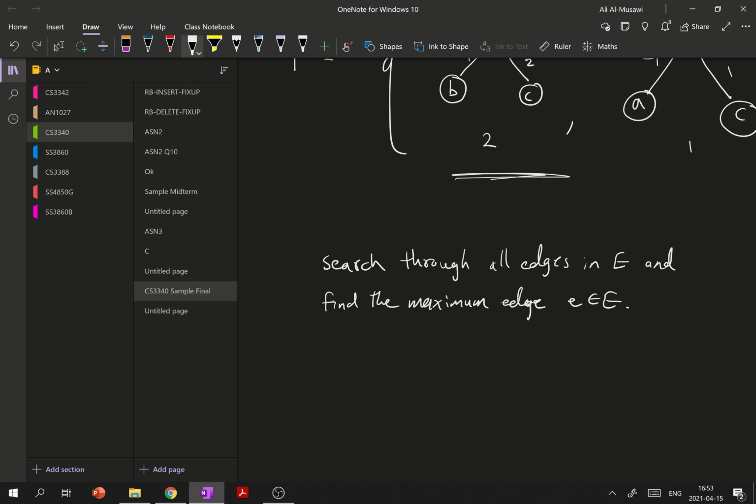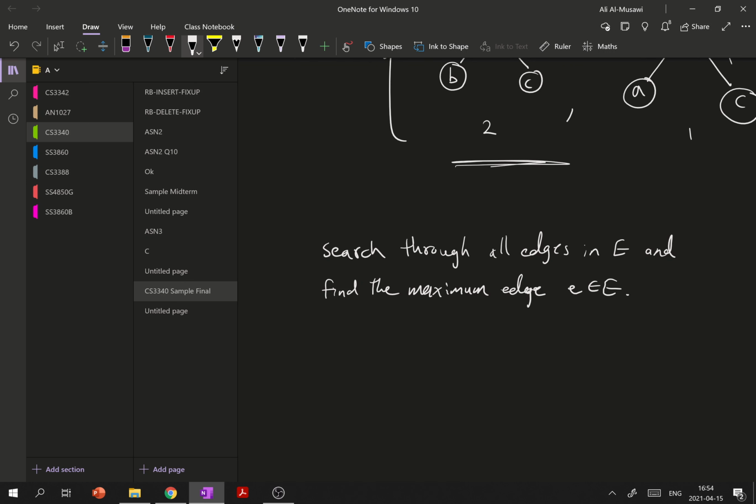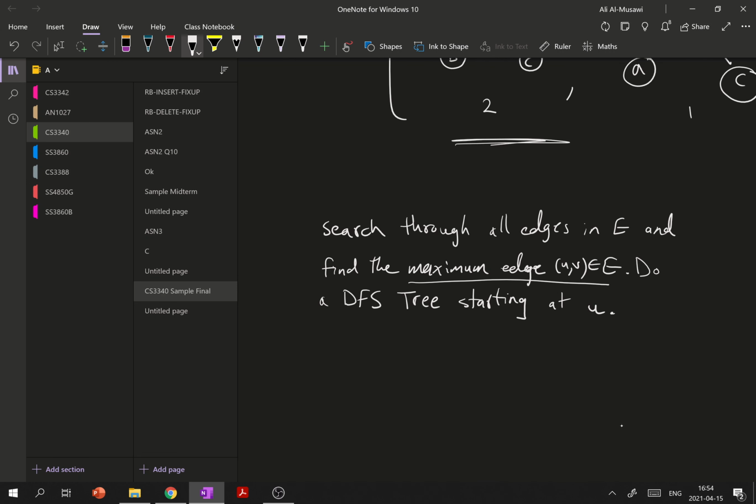Okay, so then what we have to say is do a DFS tree starting at, so basically, if this maximum edge, let's call it UV, starting at U. So we do a DFS tree starting at U. In this case, what happens is that UV will be included.